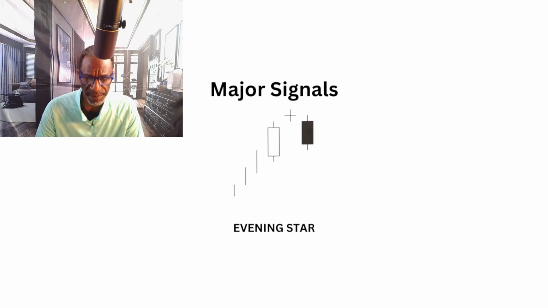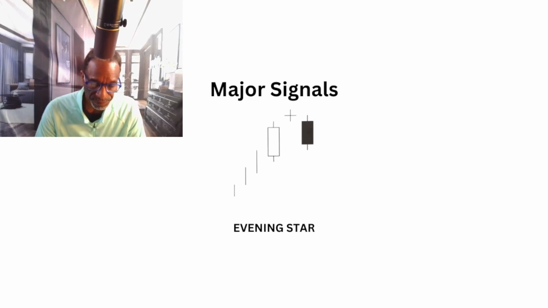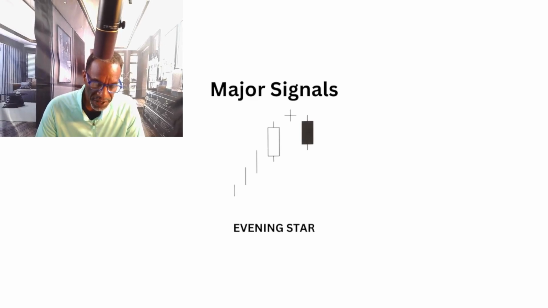Signal enhancements. The longer the white candle and the black candle, the more forceful the reversal. The more indecision that the star day illustrates, if it's a doji star or small body, doji star is more powerful than a small body. The more indecision the star day illustrates, the better probabilities that the reversal will occur.